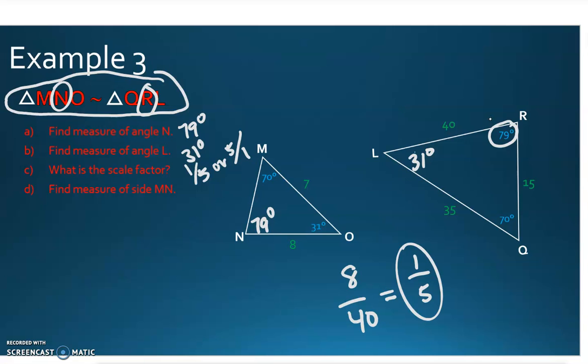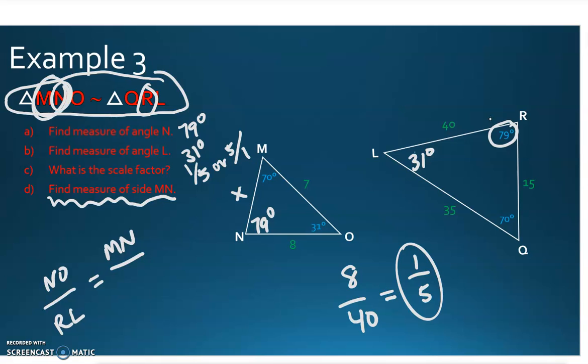Finally, we're going to use that scale factor to find the measurement of side MN. So MN is this one here. So I'm just going to label it X. And we're going to use the scale factor that we just found, 8 over 40, right? So I can say side NO over RL, that's the one we just found, is going to be equal to side MN over, and then let's look at our statement, MN is going to correspond with QR.